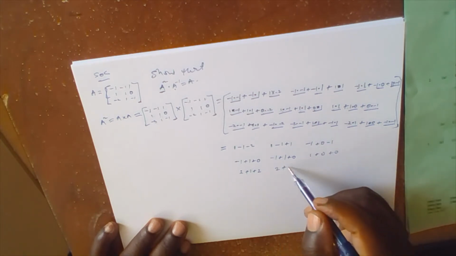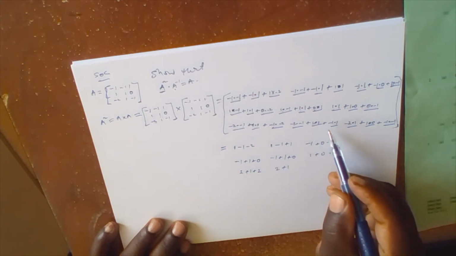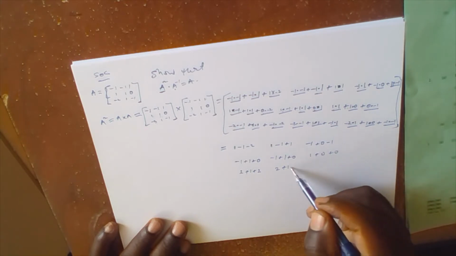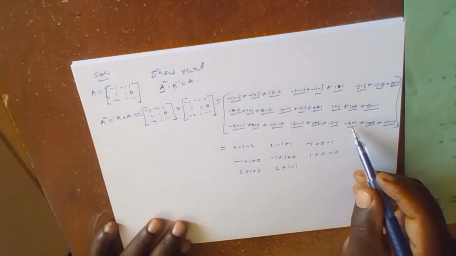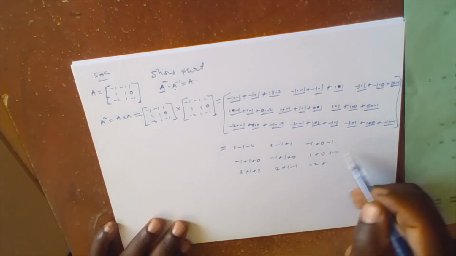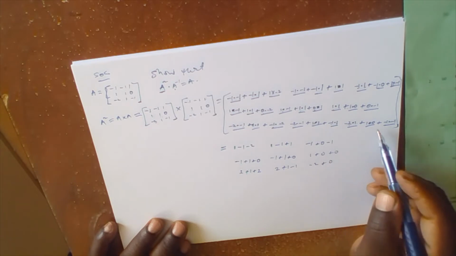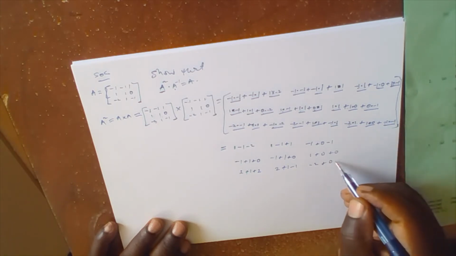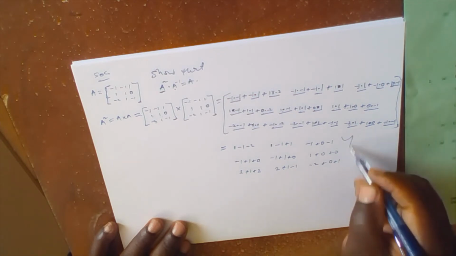Plus 1 times 1, we have 1. Then plus negative 1 times 1, minus 1. Negative 2 times 1, negative 2. Plus 1 times 0, we have 0. Plus negative 1 times negative 1, plus 1.